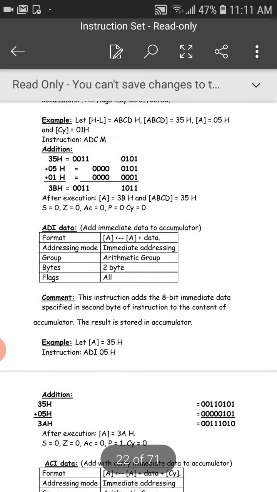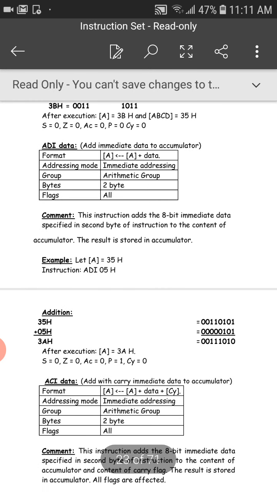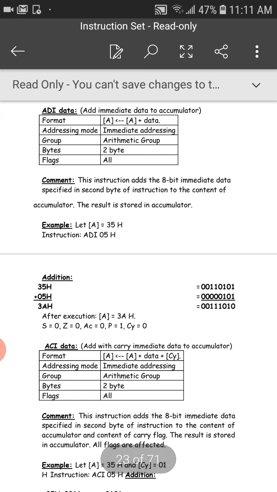The next instruction is ADI data instruction, that is add immediate data to accumulator. So the format of this instruction is A plus data. So you have to add the content of the accumulator plus the given data, and this is a 2-byte instruction, and all flags are affected. See here, I am taking the same example so you can easily understand, means the data will be the same in all instructions.